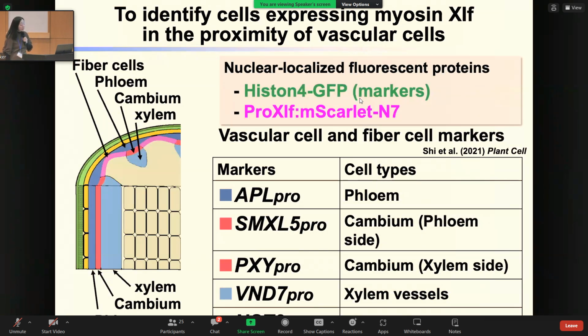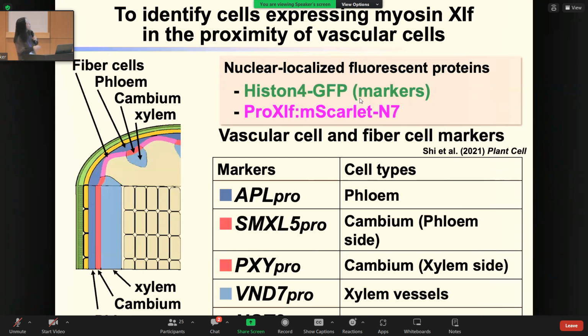To identify cells expressing 11F in the proximity of vascular cells, expression patterns were compared with various vascular and fiber cell markers: APL for phloem, SMXL5 and PXY for cambial cells, VND7 for xylem base cells, and NST3 for fiber cells.